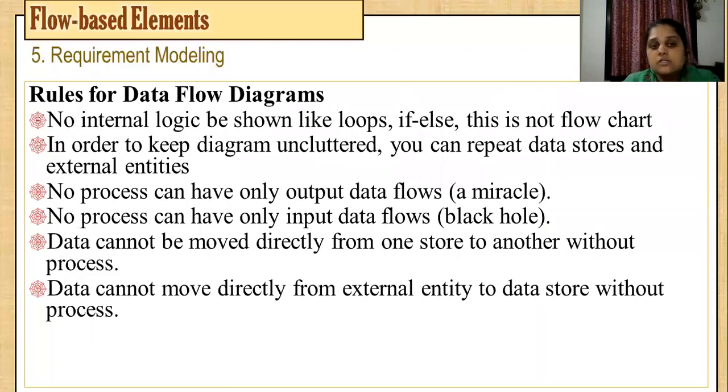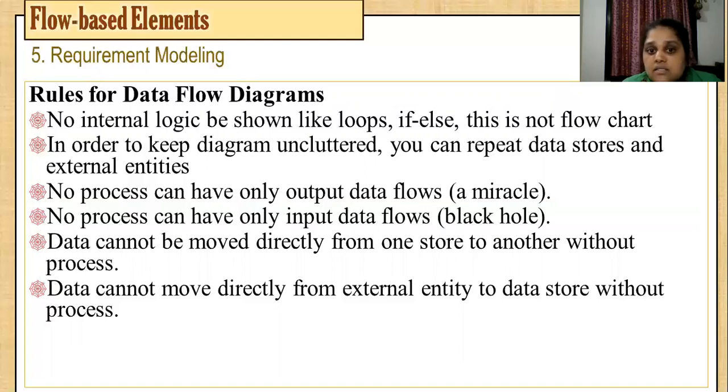And the last topic of this chapter is rules for data flow diagram. There should be no logic in the DFD like loops or if else, because it is not a flow chart.